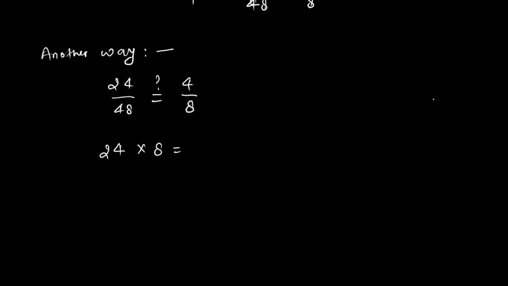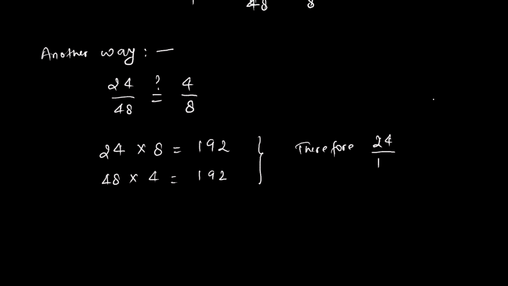What we have got is 192. Now we take the denominator of the first number and the numerator of the second number. Again we got 192. Since both results are the same, therefore 24 over 48 is equal to 4 by 8.